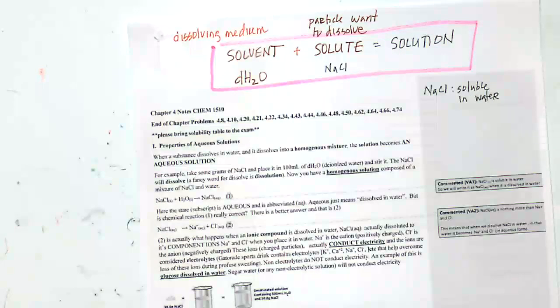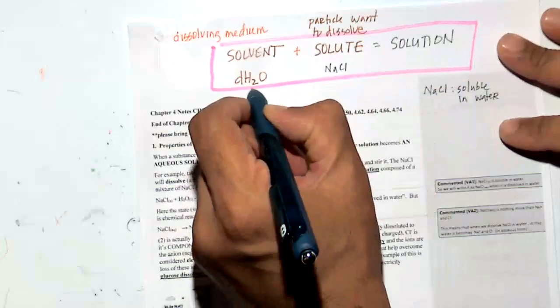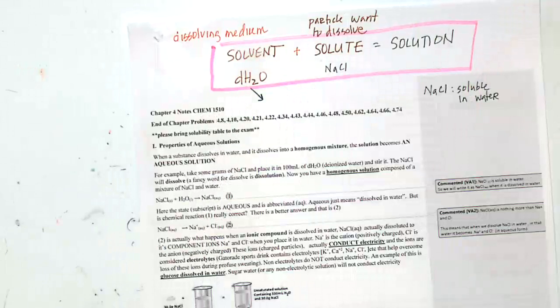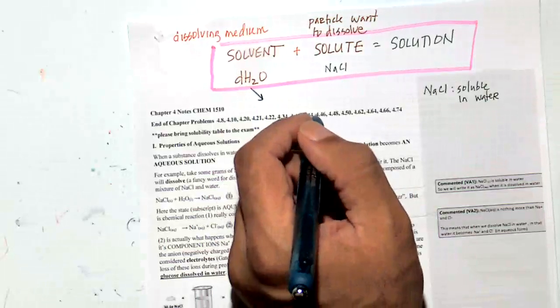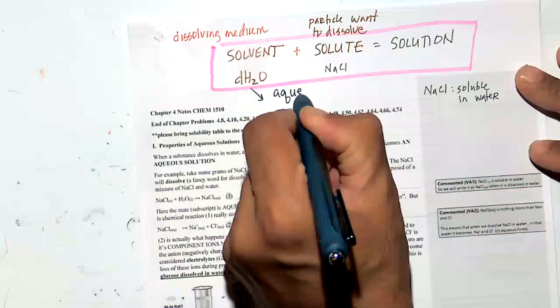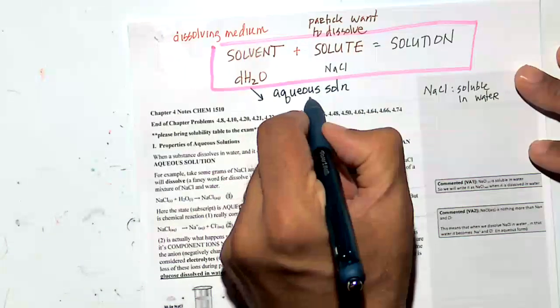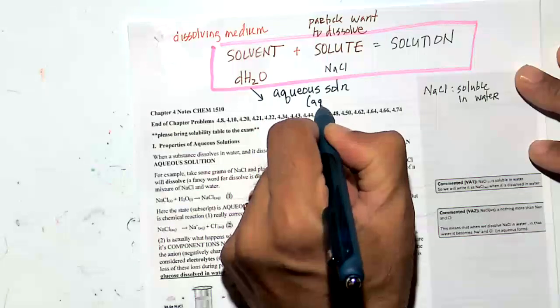Because my solvent is water, we will call this a special type of solution, and we will call it an aqueous solution. An aqueous solution, if it dissolves, is where the solvent is water. Aqueous, aqua, water. And that is AQ.